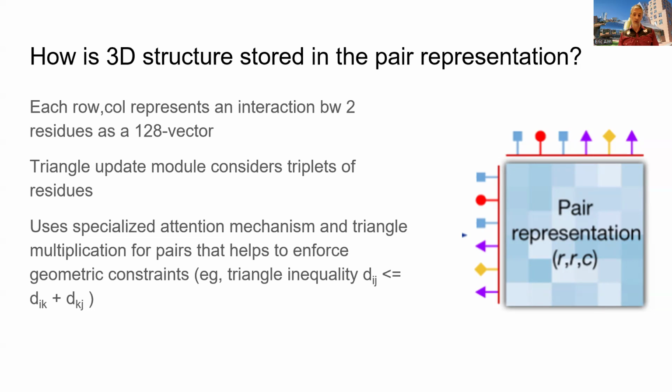And by allowing those triplets to share information, they implicitly enforce the triangle inequality, right? And the triangle inequality says the distance between i and j has to be less than or equal to the distance from i to k and then k to j, right? We know that geometrically that has to be true. And the way that they've structured how information is shared in the pair representation matrix helps to implicitly enforce that.